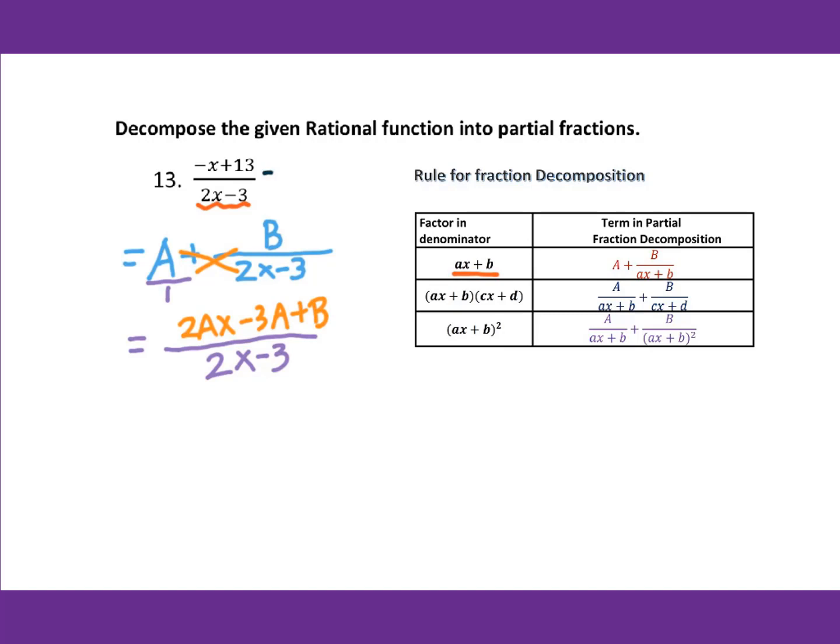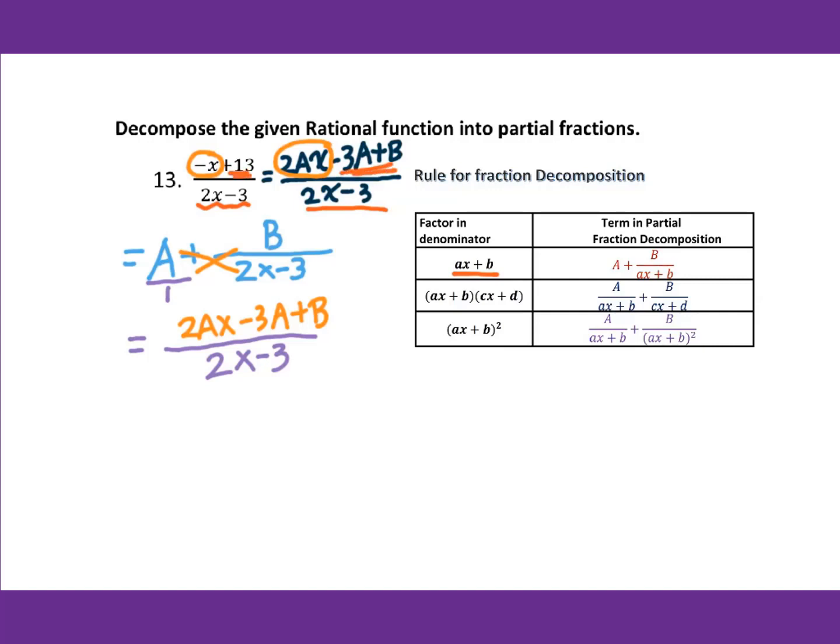Now let me write down over here. We got 2ax minus 3a plus b over 2x minus 3. Since these two rational functions are equal to each other and the denominator is the same, you can set this x equal to this x, and 13 equal to this one.